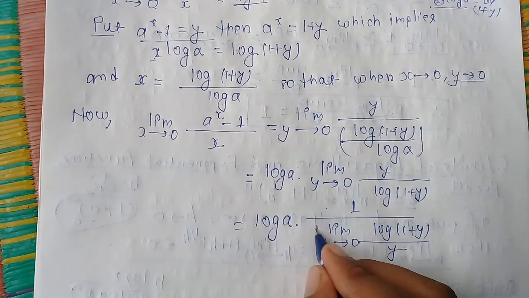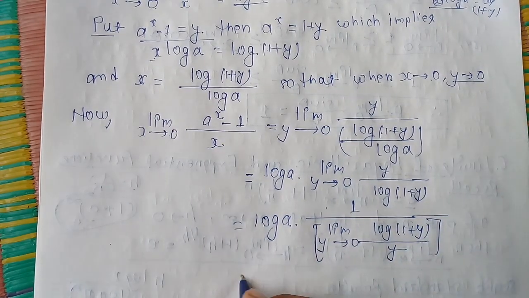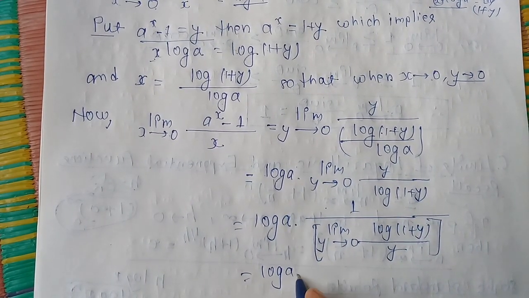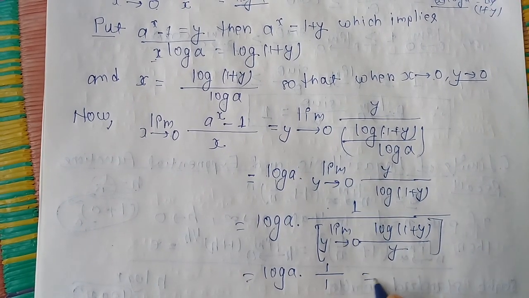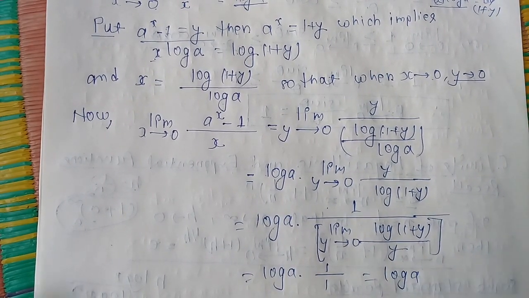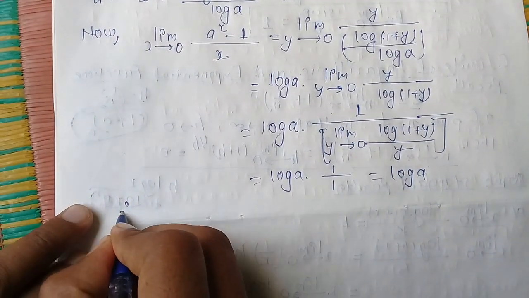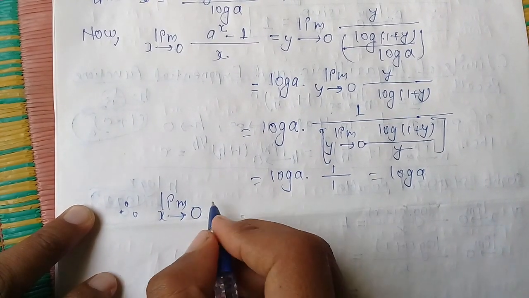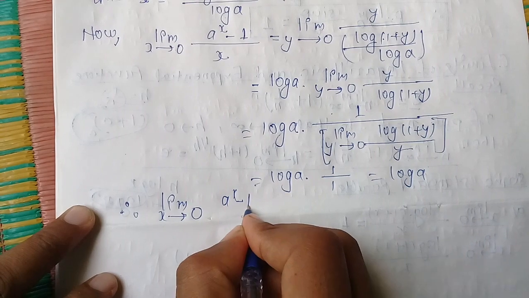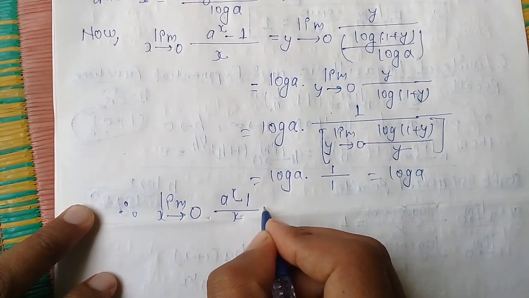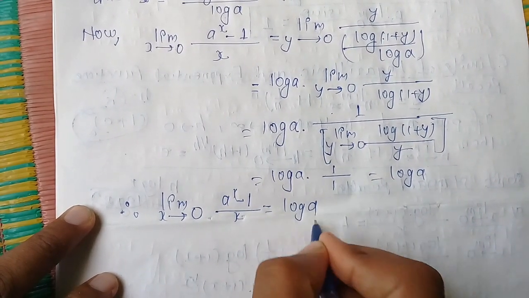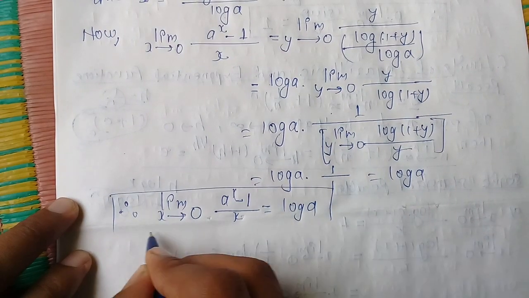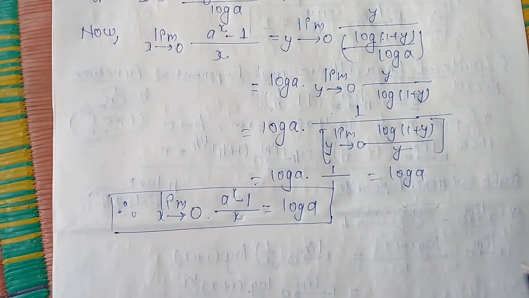This whole function gives 1, so the result is log a. Therefore limit x tends to 0, a to the power x minus 1 divided by x is equal to log a, which is the required formula.